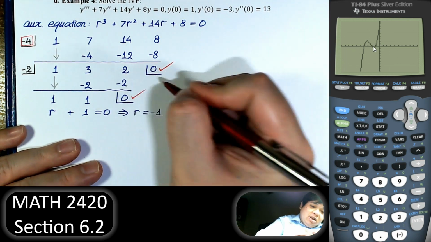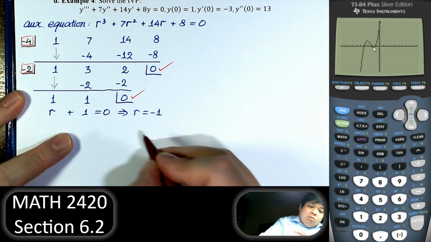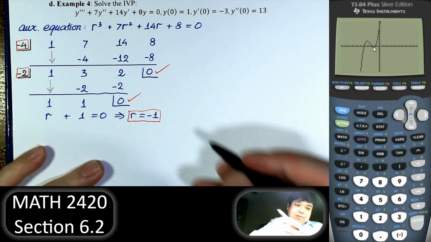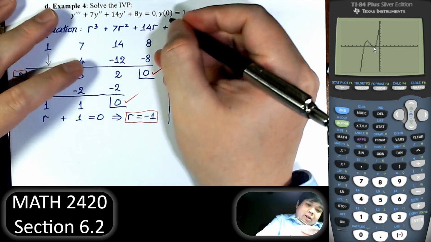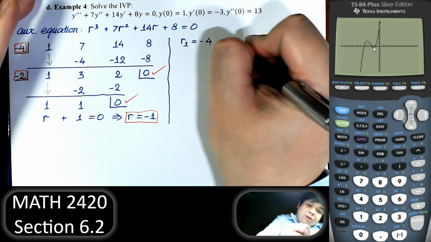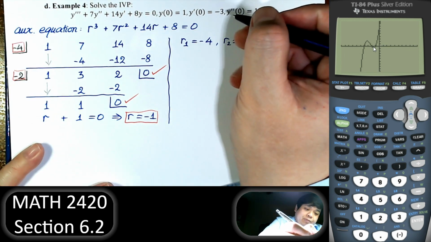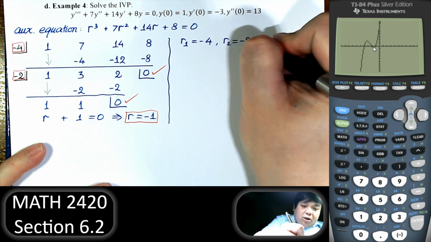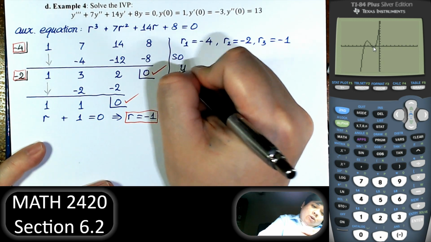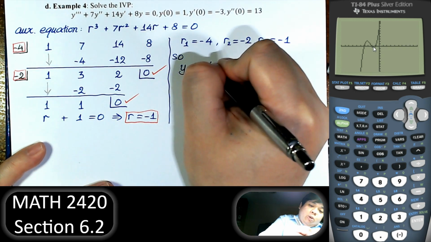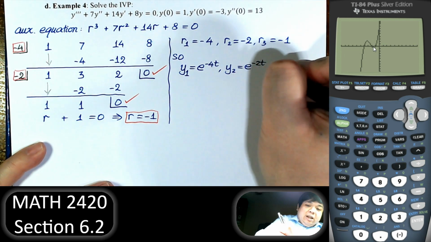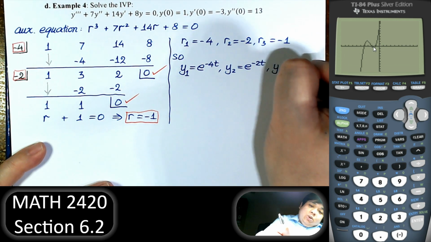So once again, because this is 0, we have that. So 1, 2, 3, solutions. From here we have r1 equal to -4, r2 equal to -2, and r3 is -1. So we can have the solution y1 e to -4t, y2 e to -2t, and y3 e to -t.